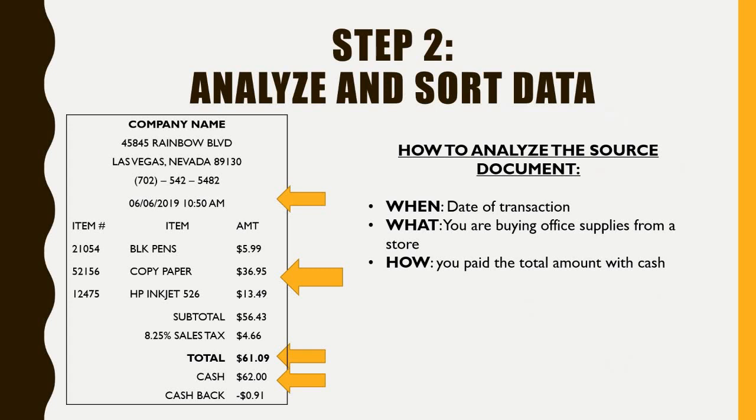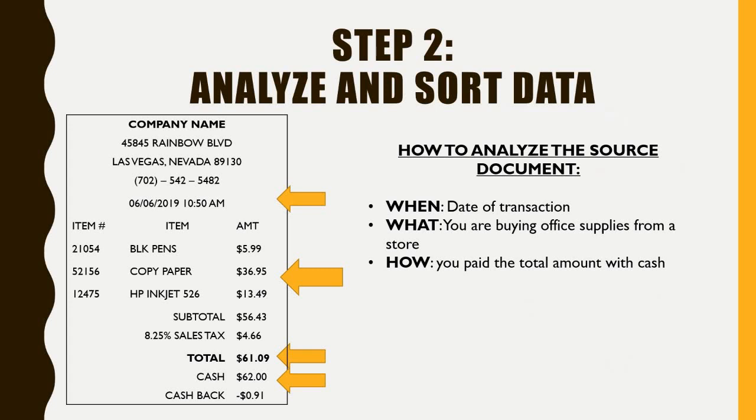I need a cash account and I need an office supply account because I purchased black pens, copy paper, and ink for my printer. It's going to list all the items that you purchased.